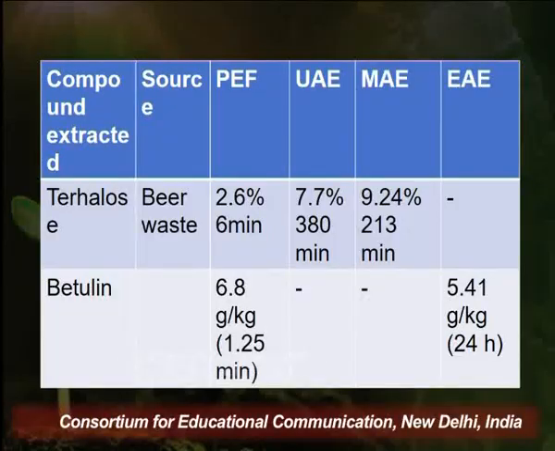You can see trehalose, which was extracted from beer waste, and a comparison was done between pulse electric field assisted extraction, ultrasound assisted extraction, and microwave assisted extraction. Though the yield in microwave assisted extraction was much higher in comparison to pulse electric field assisted extraction, if we compare in terms of time, pulse electric field assisted extraction took a very short time to extract around 3% of the trehalose.